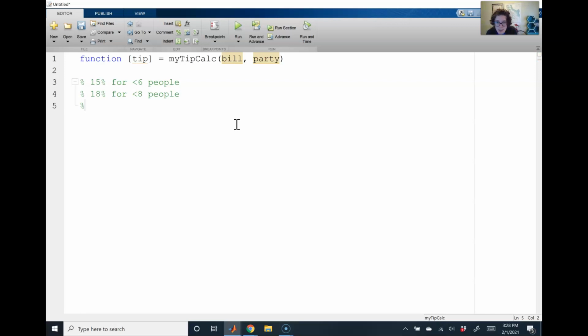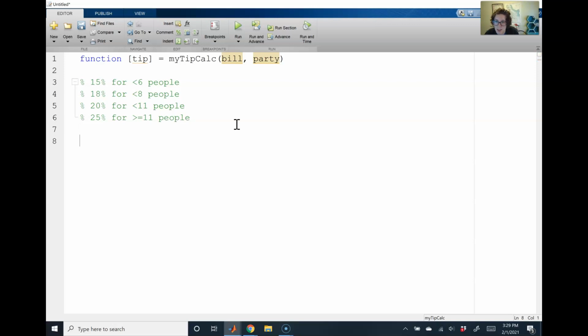We're tipping 20% for less than 11 people and 25% for greater than or equal to 11 people.